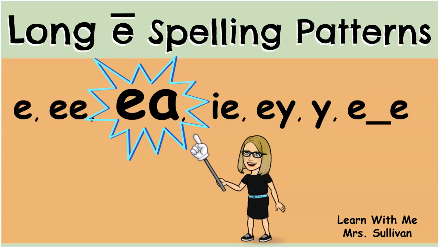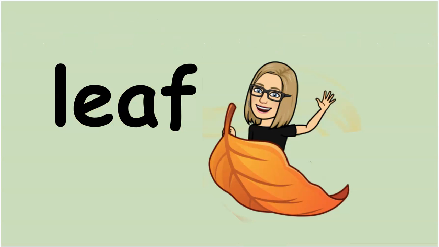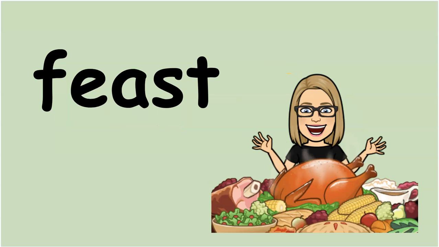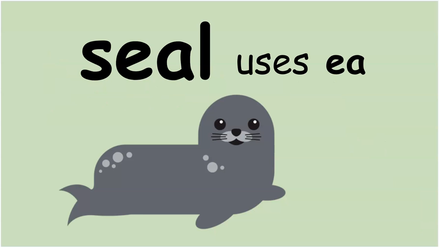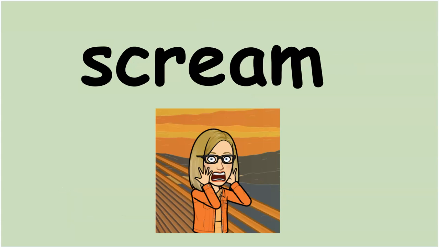Our next spelling pattern is E-A, making the long E sound in words like leaf. Feast has the long E sound, spelled E-A. Seal uses E-A. And scream uses E-A to make the long E sound.